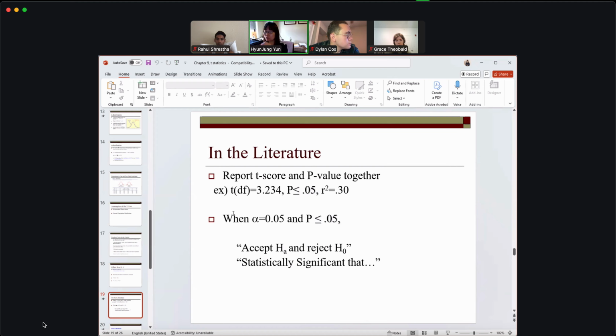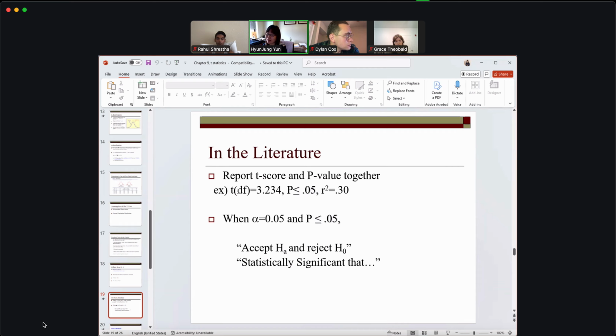So degrees of freedom is always necessary information for your readers or your audience to understand why you use a t-test, especially if it is a small sample size. So report the degrees of freedom. In this case, maybe 15 for the sample size of 16, or 6 for the sample size of 7, right? So t-value and degrees of freedom.